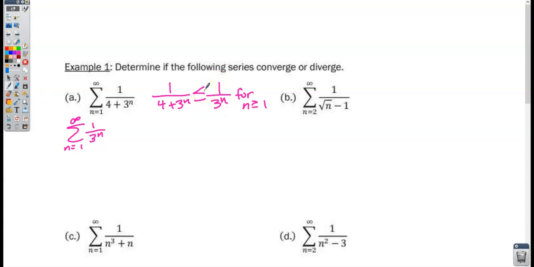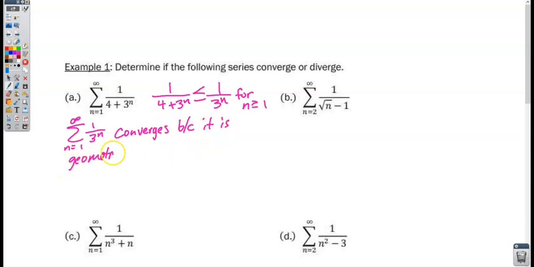Once we know that this is the bigger series, we're hoping that it converges, because then the smaller series will converge. If this series diverges, then we're in trouble. But this series converges, and I know that pretty easily because it is a geometric series.